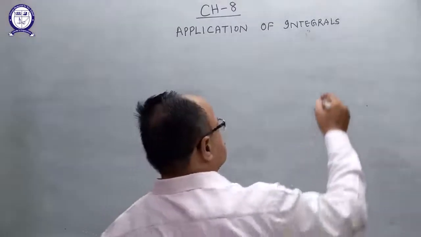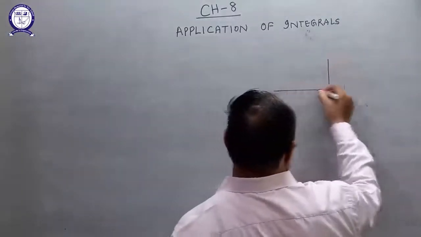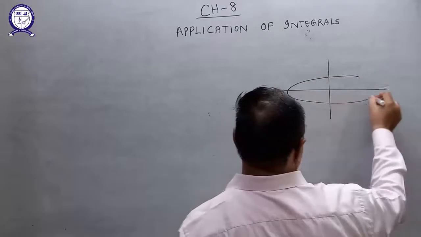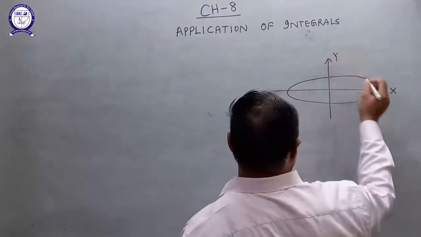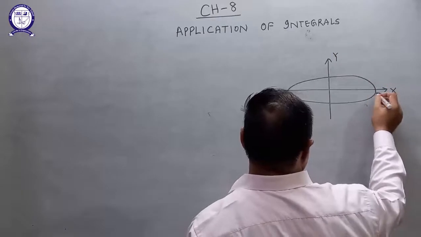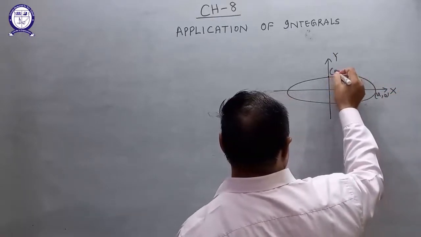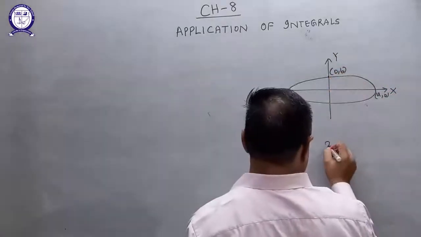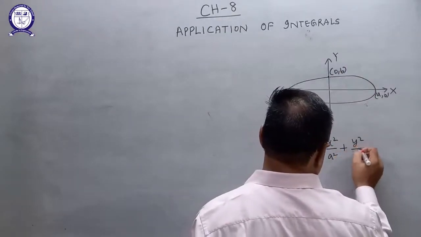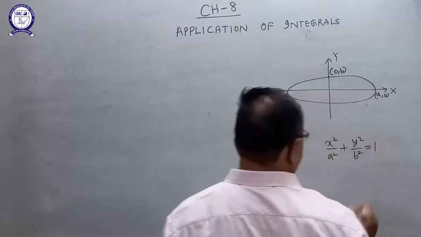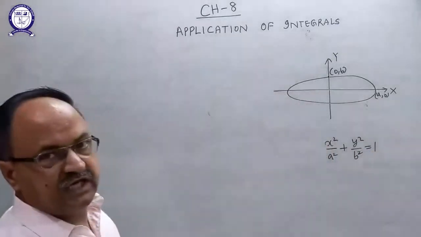And you know about the ellipse. This is a horizontal ellipse, x-axis, y-axis. This point is (a, 0) and this point is (0, b). Therefore x square by a square plus y square by b square is equal to 1.